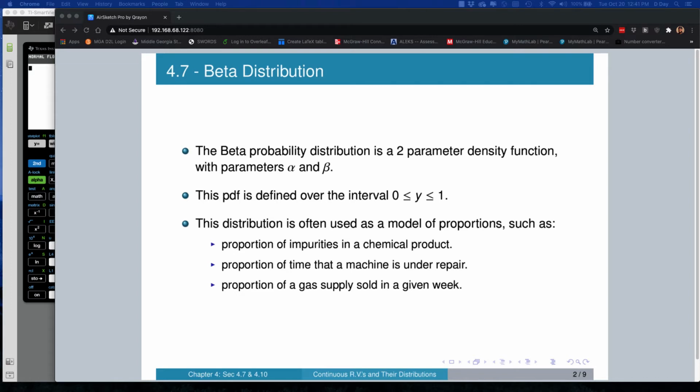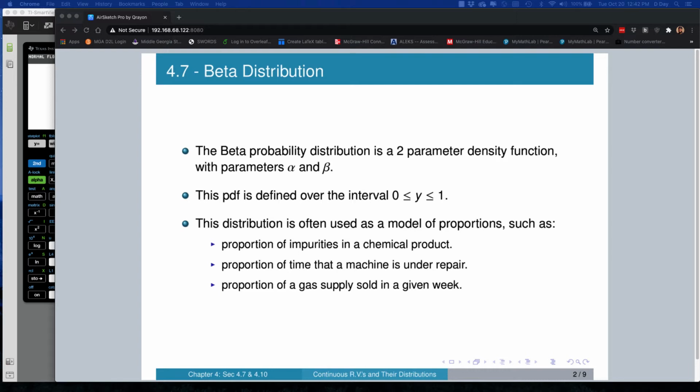Such things as the proportion of impurities in a chemical product, the proportion of time that a machine is under repair, or the proportion of gas supply sold in a given week. Anything that deals with a proportion, the beta distribution can be used to model over a continuous range.